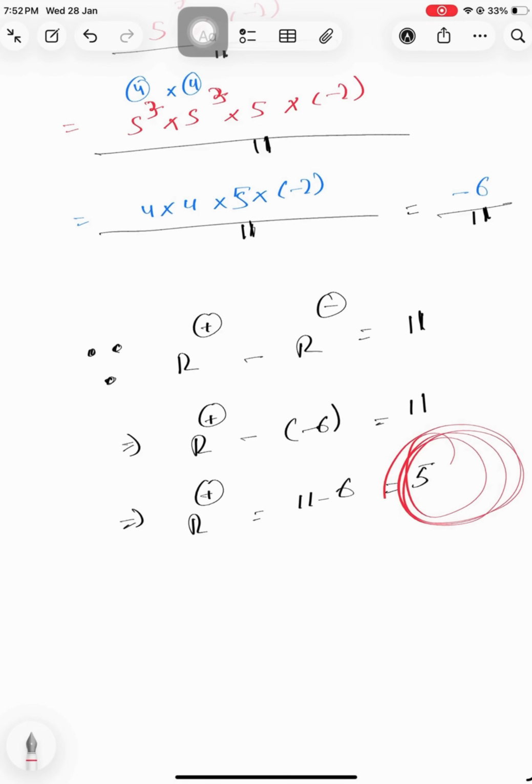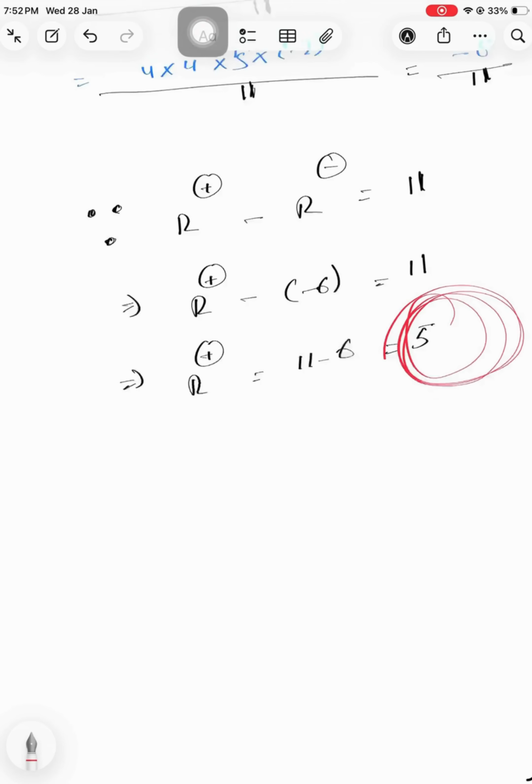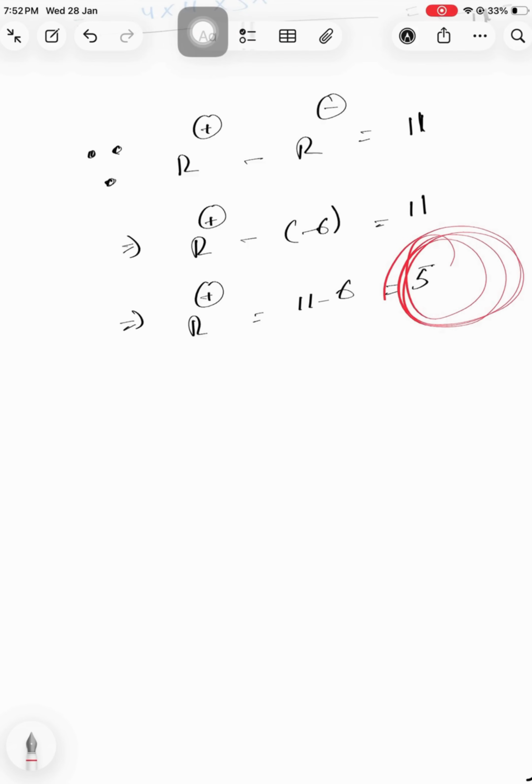Now there's a learning. Let's say we forget even this basic formula, which is that the difference of positive remainder and negative remainder is the divisor. We can also represent the same thing on a number line.